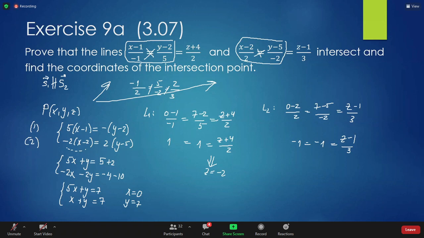Another possibility: we got the z value from the first line, so check that the same z value also works in the second line. We see that minus 3 over 3 will also be minus 1. So we have checked the z value.